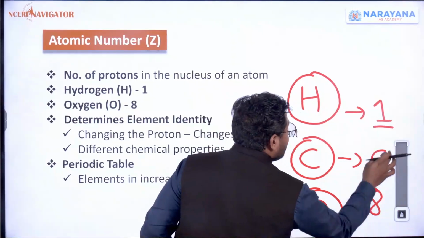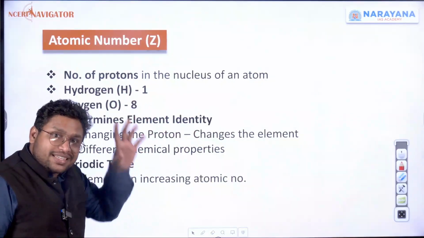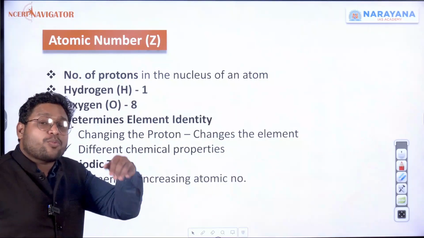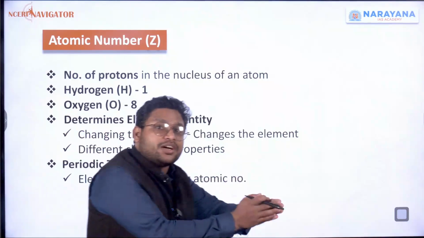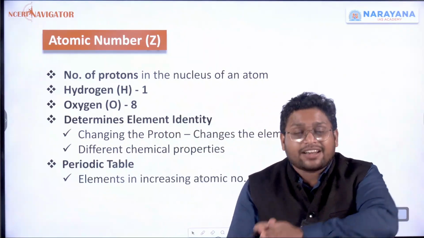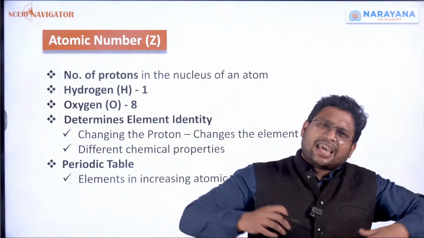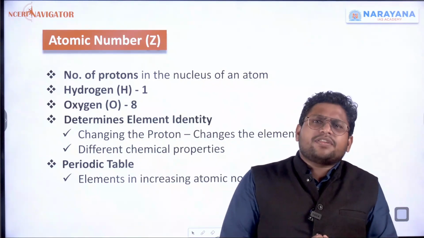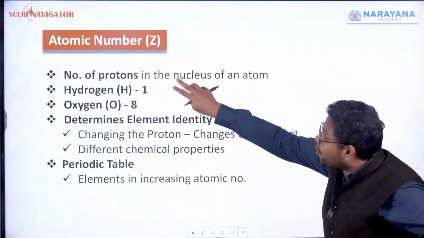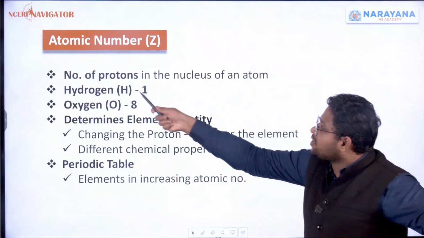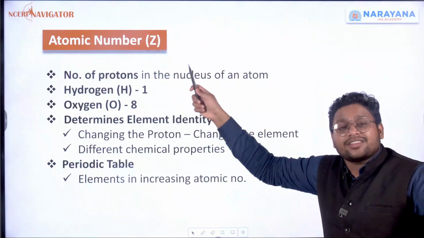In oxygen you will find 8. This differentiates one element from the other, one atom from the other atom. Otherwise, if the number of protons were the same in every atom, everything would have been the same. Everything is different because the number of protons is different. So in oxygen there are 8 protons, and in a hydrogen atom there is only 1 proton.